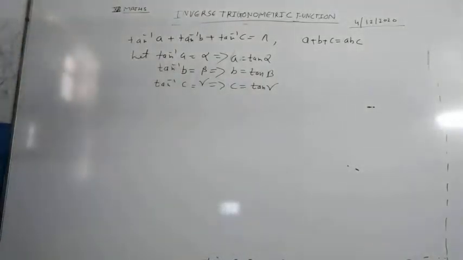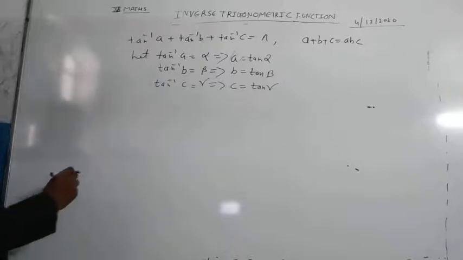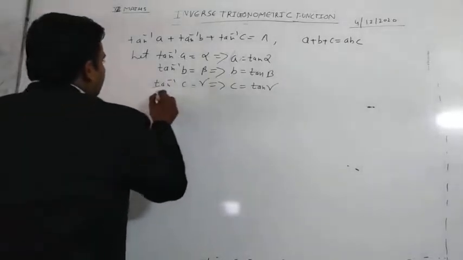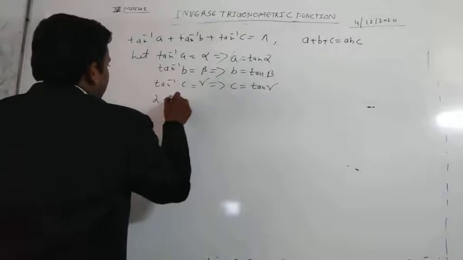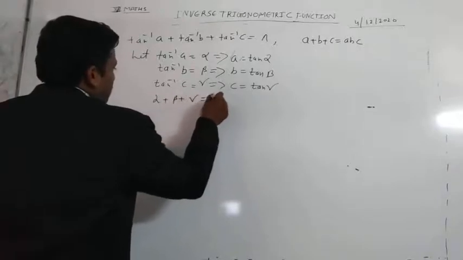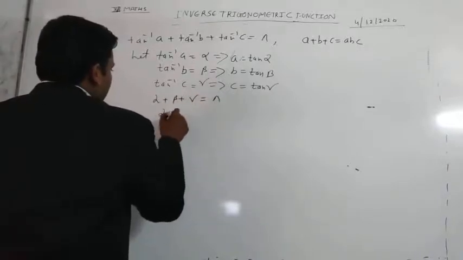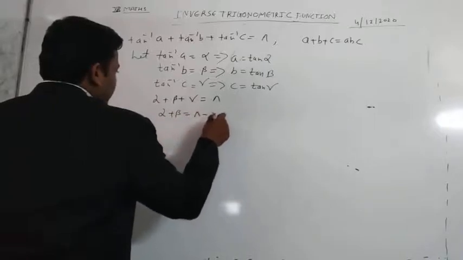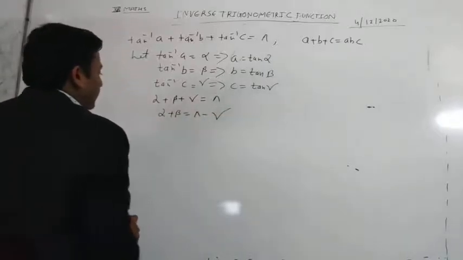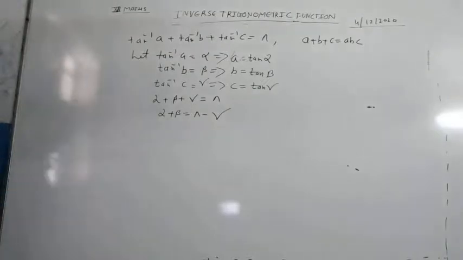Now from here we will replace tan inverse A plus tan inverse B plus tan inverse C, so we can write alpha plus beta plus gamma is equal to pi, and alpha plus beta is equal to pi minus gamma. Now we will take tan both sides.